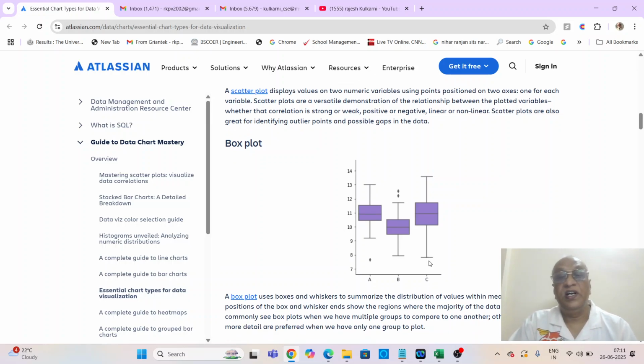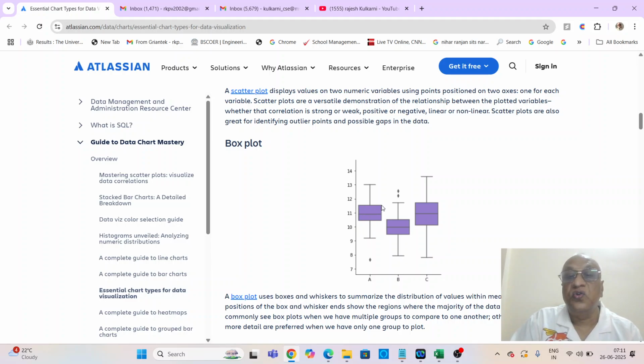Box plots, these are very interesting. So let us understand what this box plot consists of. You see 5 lines, 1, 2, 3, 4 and 5, and you see a box here, and you see a whisker here.